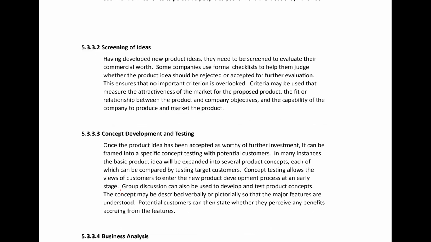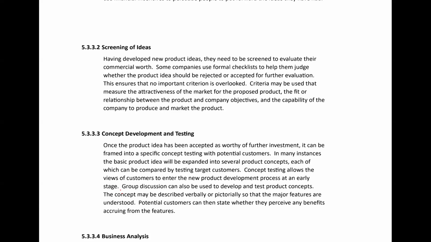What about screening ideas? Now, during the screening of the ideas, you have developed the product idea, then you need to screen and evaluate its commercial worth, right? So some companies use formal checklists to help them judge whether the product idea should be rejected or accepted for further evaluation.